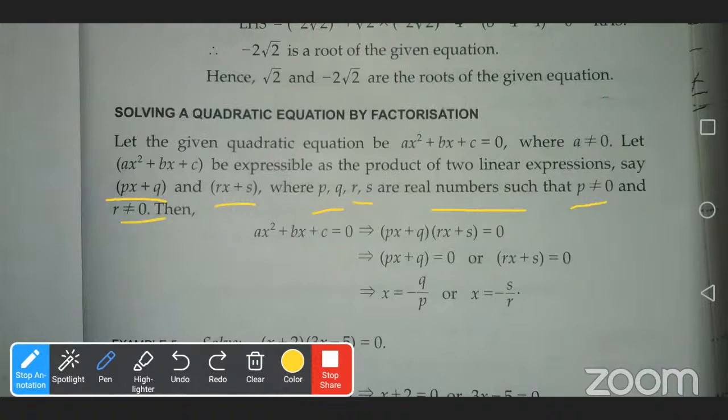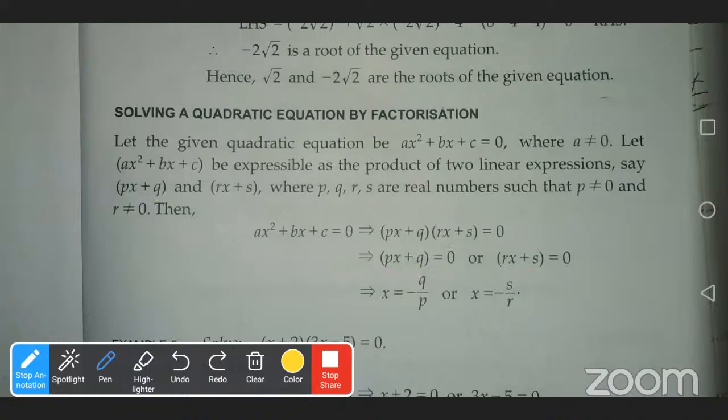Then we will bring this equation like this: px plus q into rx plus s equals to 0, so px plus q equals to 0, or rx plus s will be 0.